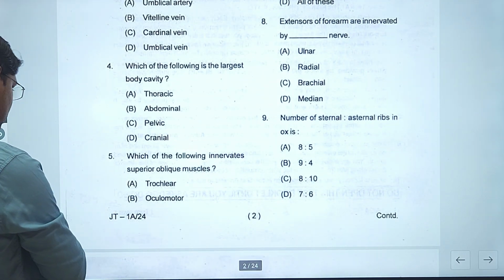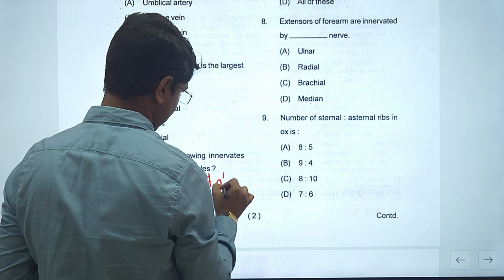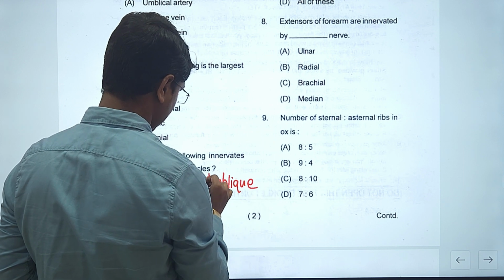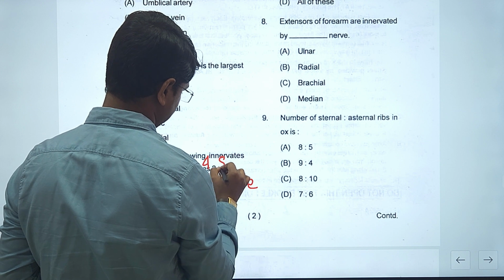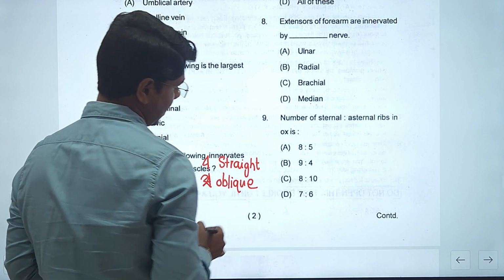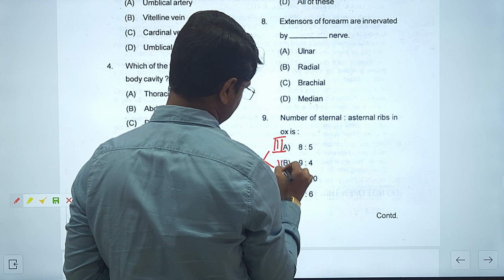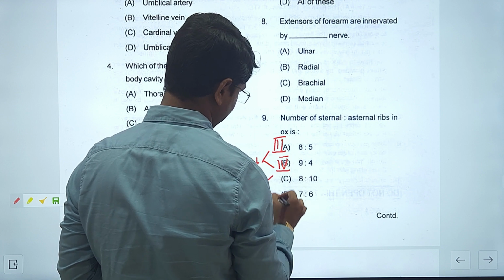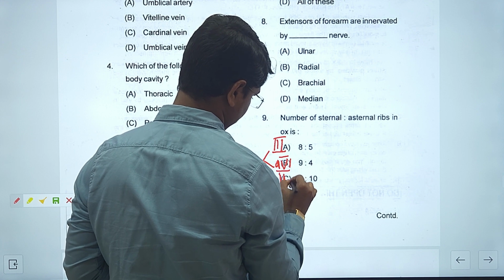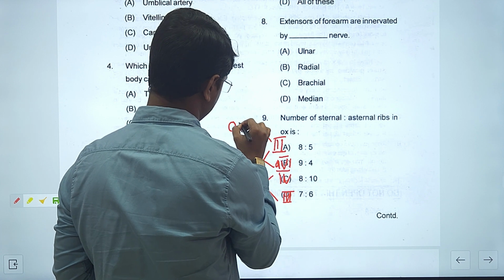Next question, which of the following innervates the superior oblique? It is the trochlear. Eye has 2 oblique and 4 straight muscles. The straights are innervated by number 3 and number 6 cranial nerve, while the obliques are innervated by number 4 and number 3. Number 3 is the oculomotor.